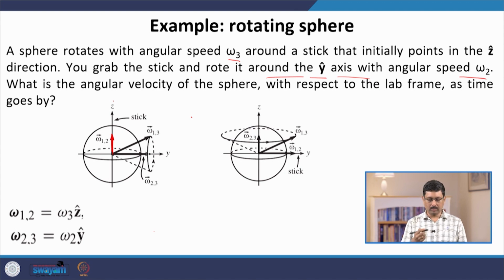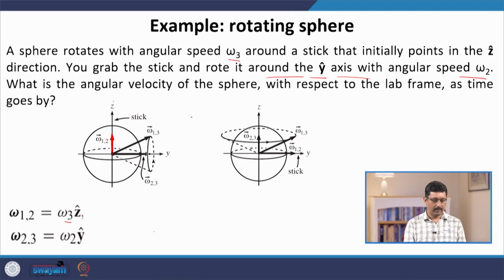Just to use the notation that we used earlier, w3 along z hat is the angular velocity of the sphere with respect to the stick. So, there are 3 frames: the frame of the sphere, the frame of the stick, and the lab frame in which we are observing.